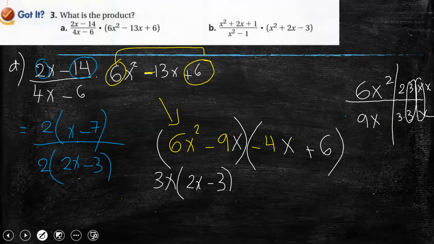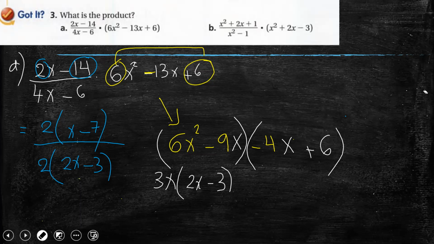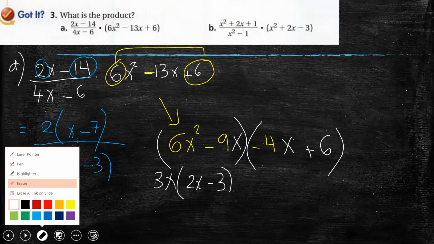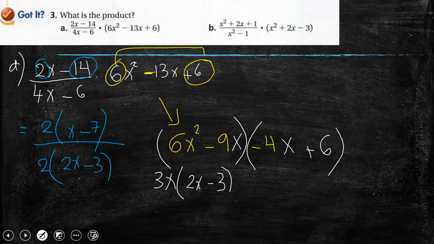Negative 4x plus 6. I want to remove the negative. So let's say negative 4x here and 6. We have negative 2 times 2 times x, and 6 is 2 times 3.